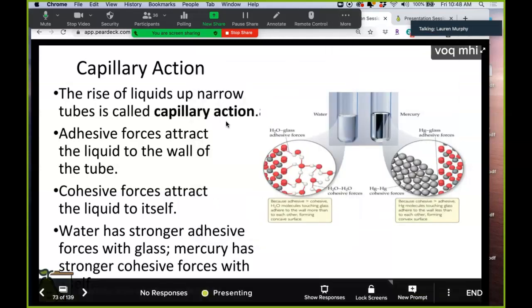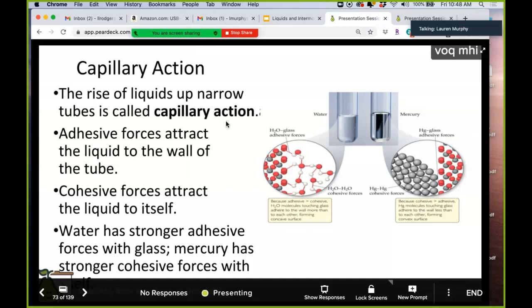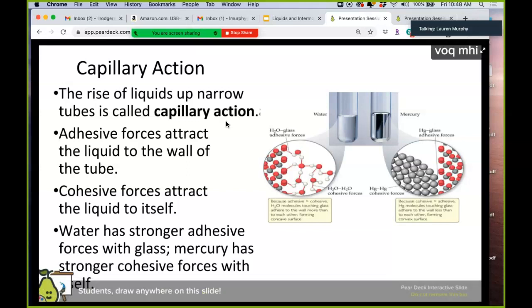Yes, plant roots, right? You have roots, these narrow tubes, where water climbs up the roots to provide hydration to the plant. The water sticks to itself, but it also sticks to the root of the plant, which allows the water to climb up the root, carrying fertilizers and other things to keep the plant healthy and alive. So that's the biology concept.